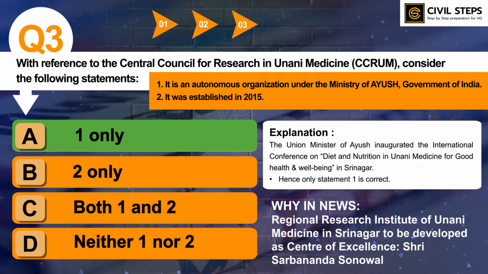It was said by Sri Sarbananda Sonowal, who is the Union Minister of Ayush. You can read about associated topics like Unani, Siddha, Ayurveda. This can also come in the upcoming prelims examination. You can read about important organizations such as this organization. So this was all about question number 3.